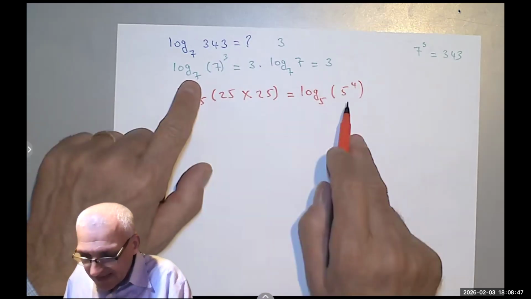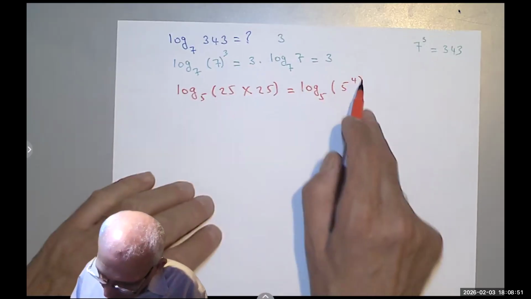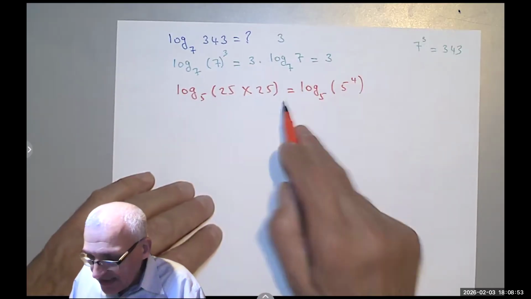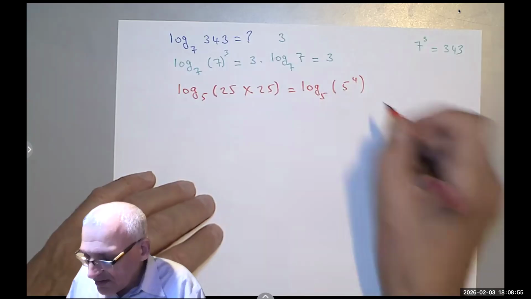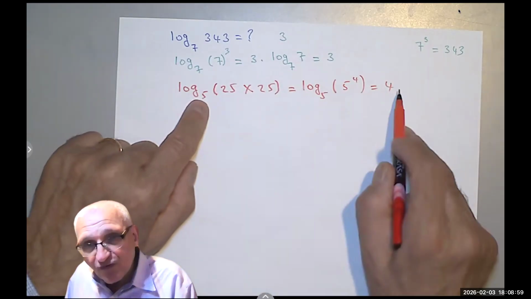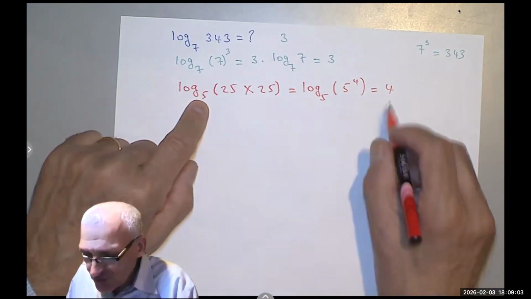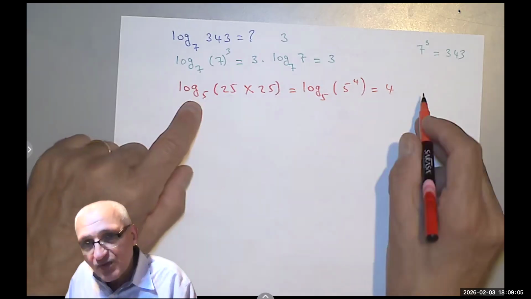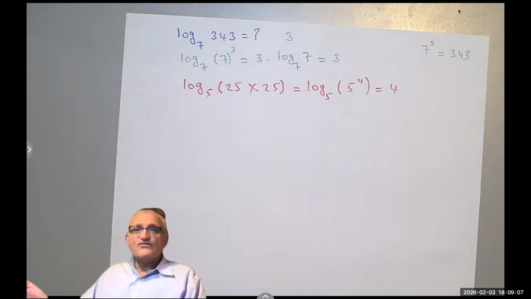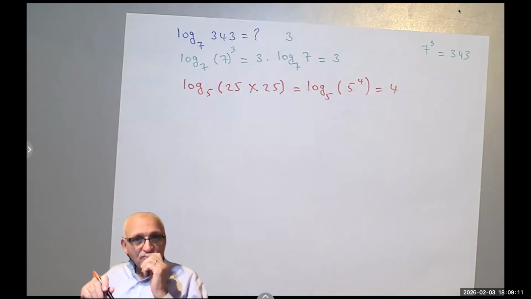Very similar to that. When I have 5 to the fourth power, the 4 becomes a multiplier, and log 5 of 5 is 1, so I get 4. Meaning, if I raise 5 to the fourth power, I should get 25 times 25. Of course, 5 squared is 25, and 5 squared is 25. So 5 to the 4 is 25 times 25, or 625.